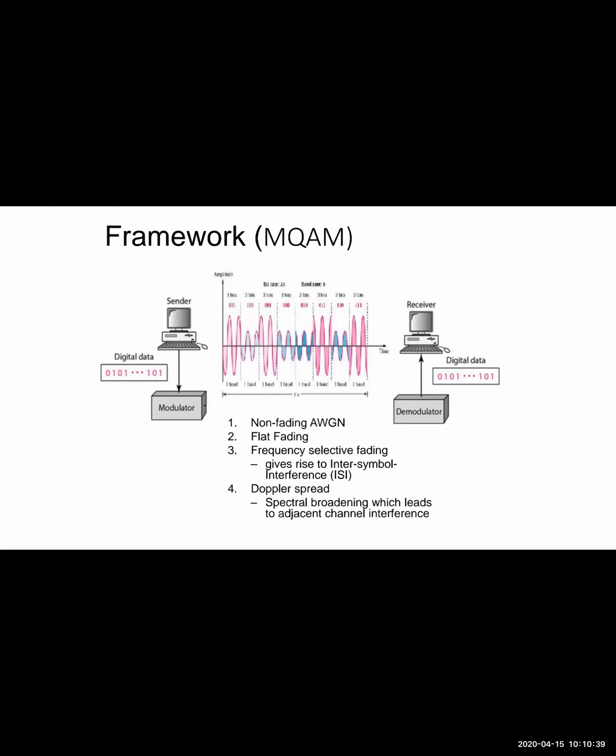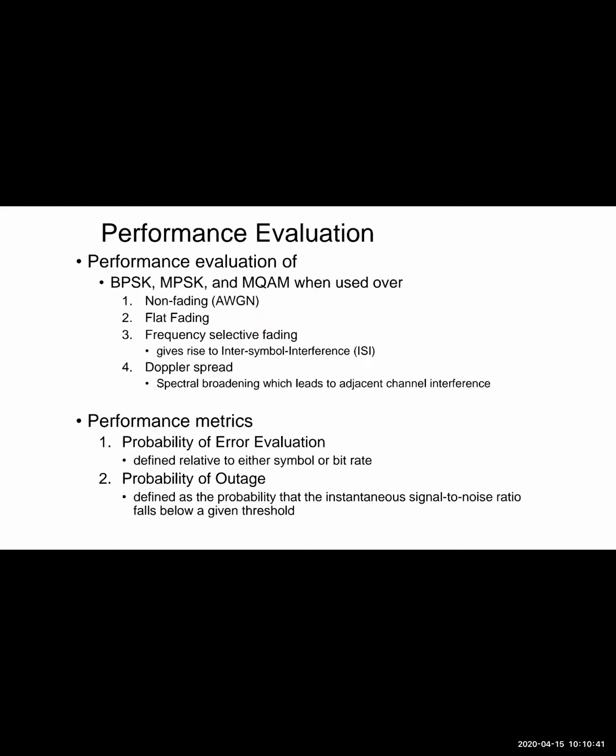Okay. So if we are looking at the framework, how do we do the performance evaluation? For the performance evaluation, we will use metrics. In our analysis, we'll use two metrics. One, probability of error, that is bit error detection. And then we will use probability of outage.